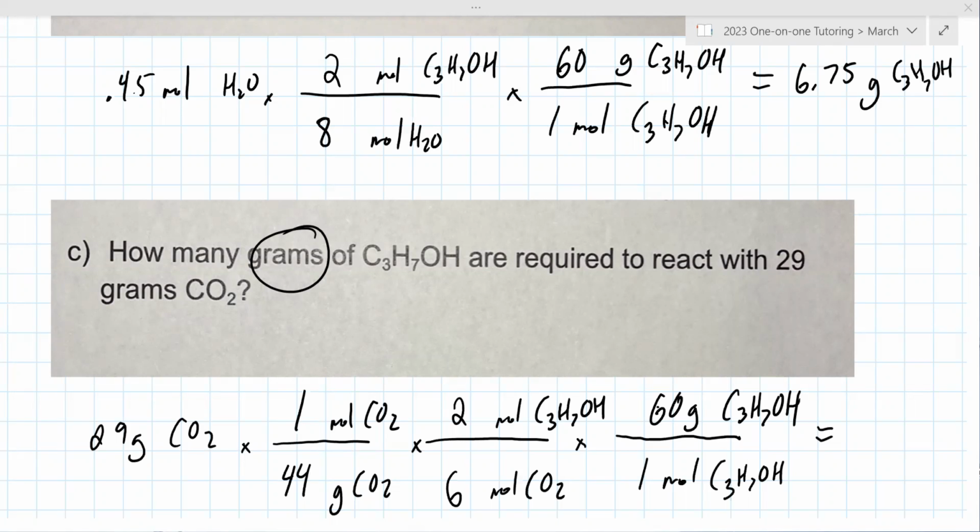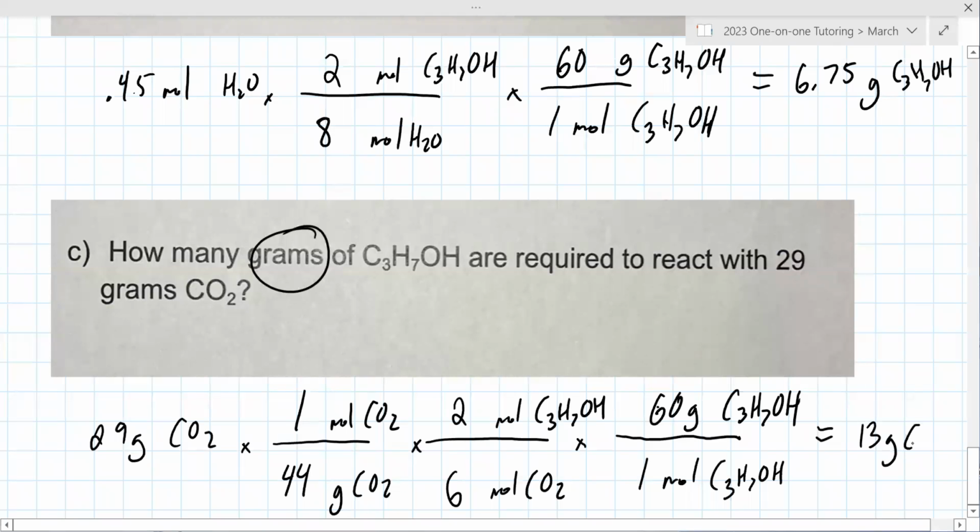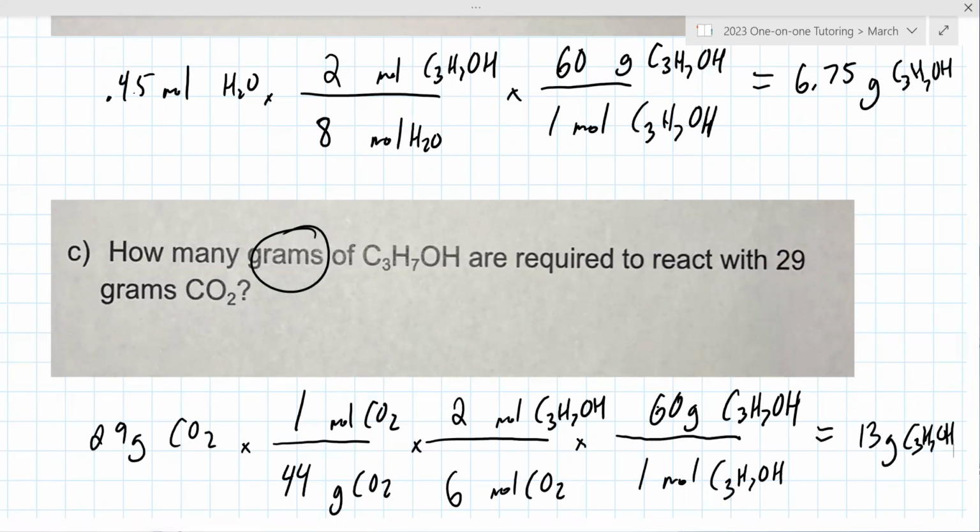So 13 grams of C3H7OH. Got it. Very good. Nice.